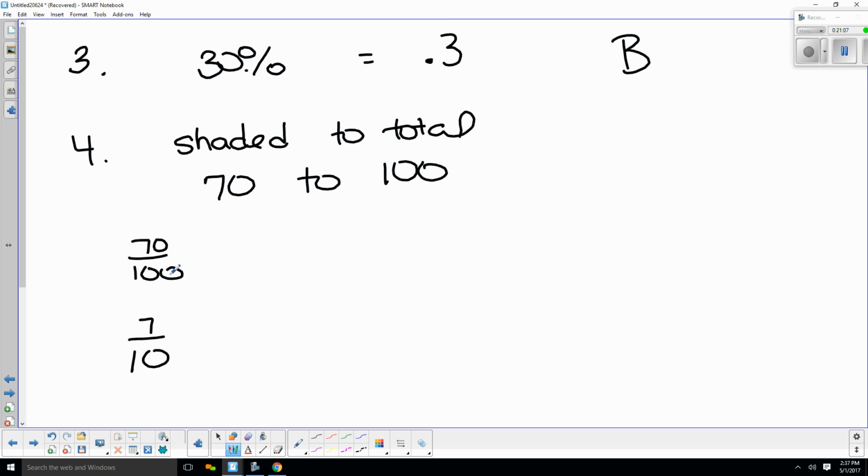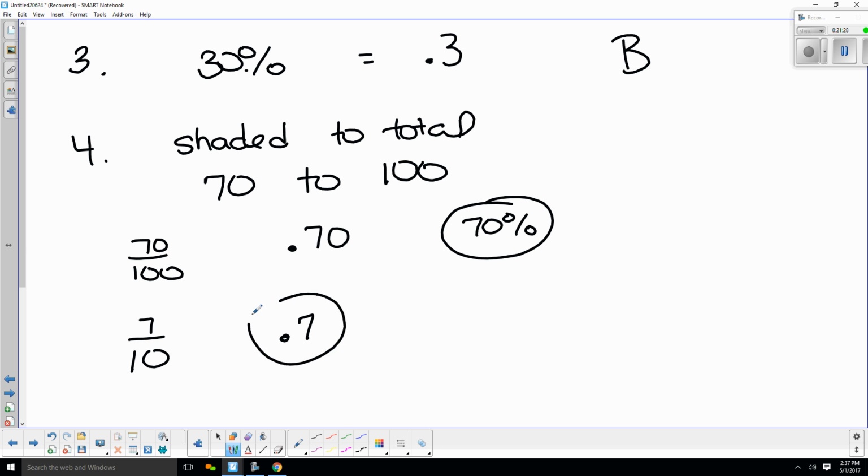I can make this look like a decimal as 0.70 or 0.7. These two things are the same. And then if I change from decimal to percent by moving it 2 places, I get 70%. So of the ones on here, 70% is on there. 0.7 is on there. 7 over 10. And 70 over 100.